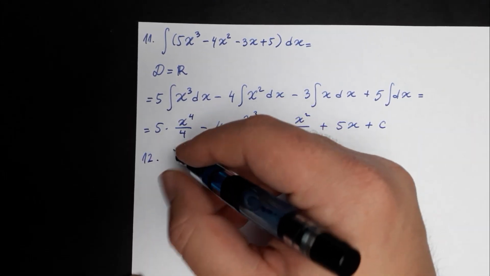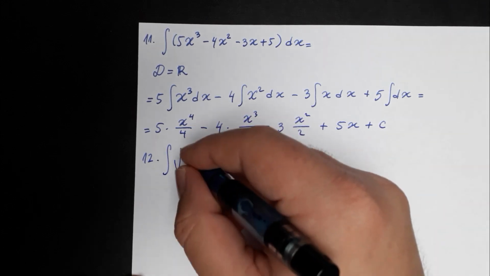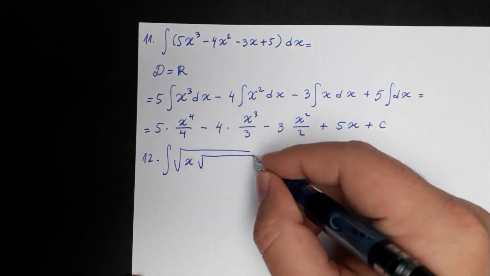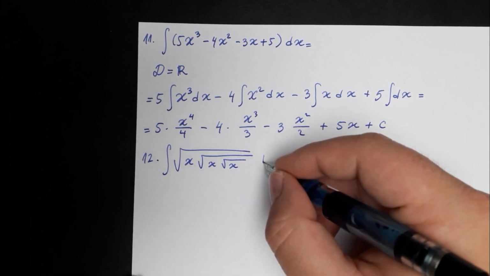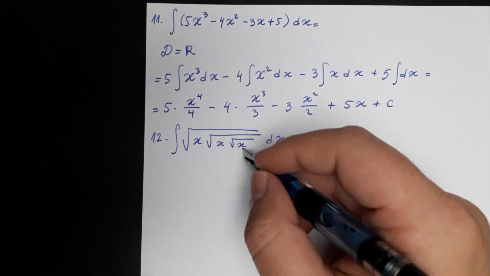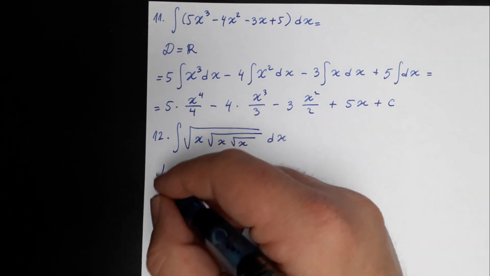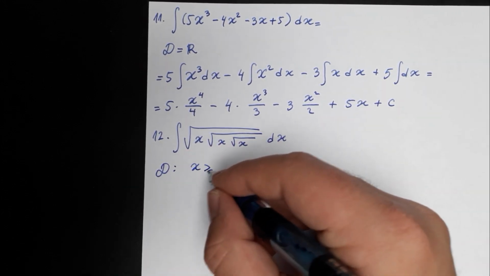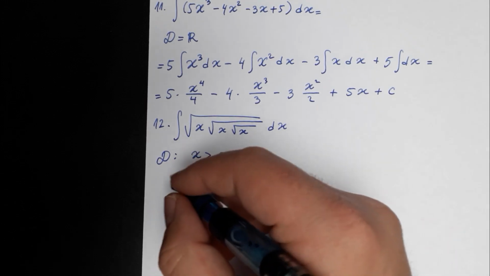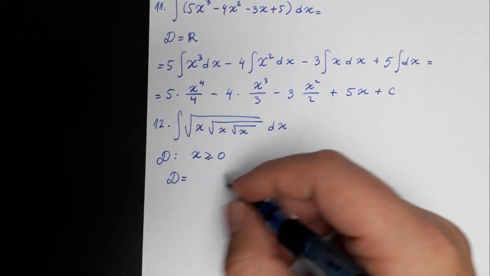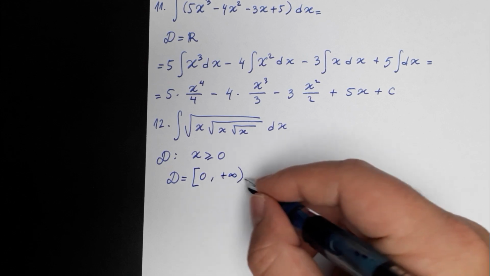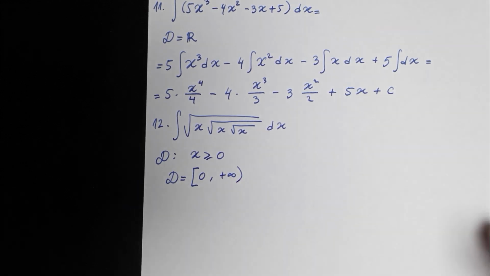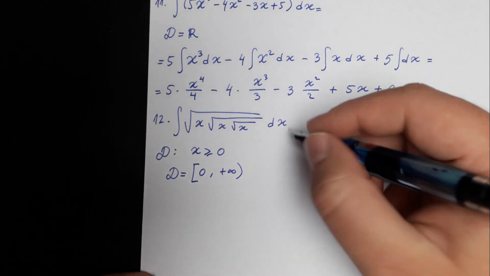Number 12 on our list is the integral of the square root of x times the square root of x times the square root of x dx. Since x is under the square root, we see that x has to be larger or equal to 0. So the area in which our integral is defined is from 0 to plus infinity, where 0 is included in the domain.